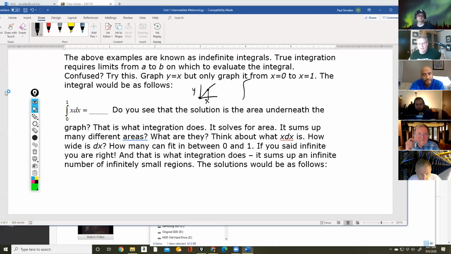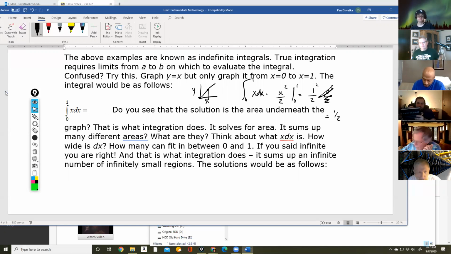I'm going to integrate from 0 to 1, x dx. The integration of x dx is x squared over 2 from 0 to 1, which is going to be 1 squared over 2 minus 0 squared over 2. I get rid of that. I get 1/2.